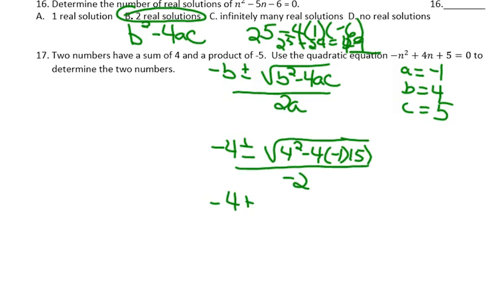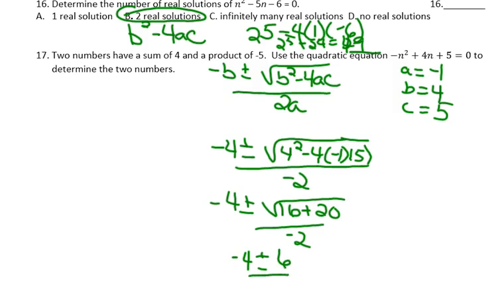So -4 plus or minus 16 plus 20 all over -2. 16 and 20 is 36. The square root of 36 is 6. So I have -4 plus 6, which is 2 over -2.